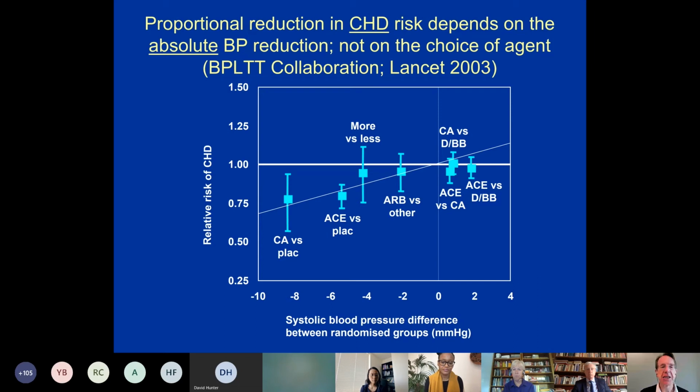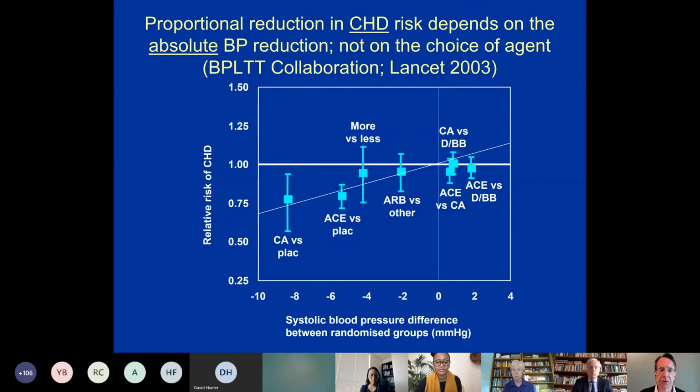This is very nicely demonstrated by the work coordinated out of the George Institute in Sydney from the Blood Pressure Lowering Treatment Trialists' Collaboration. This is a publication from Lancet in 2003, but they have done further updates which reinforce this, which indicate that the proportional reduction in risk here of coronary artery disease is associated with the absolute reduction in blood pressure, irrespective of the regimen.